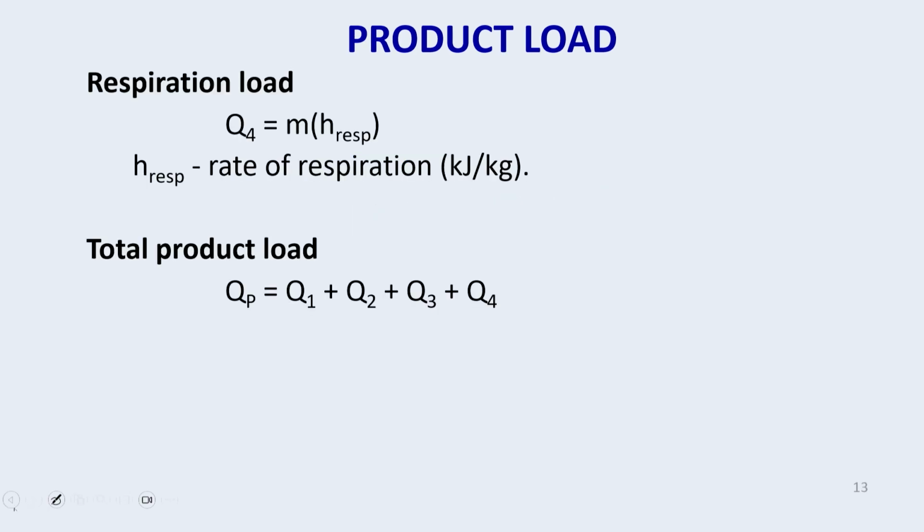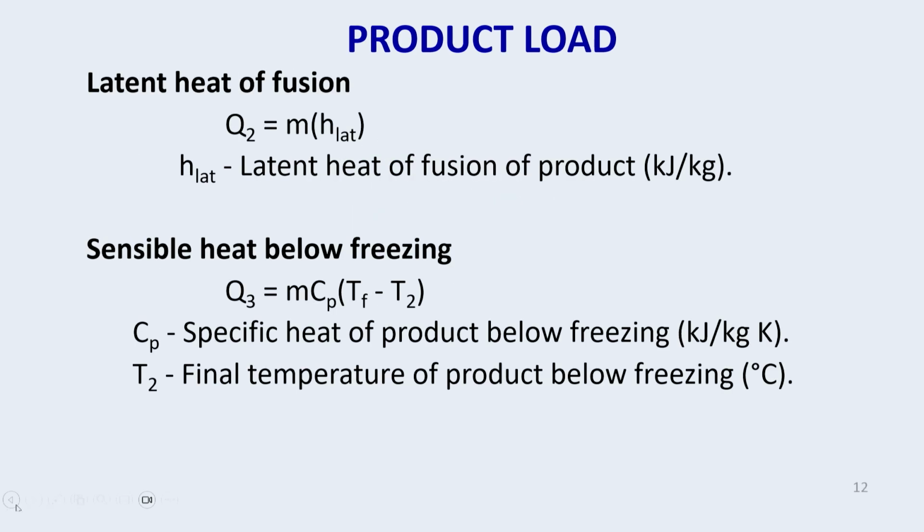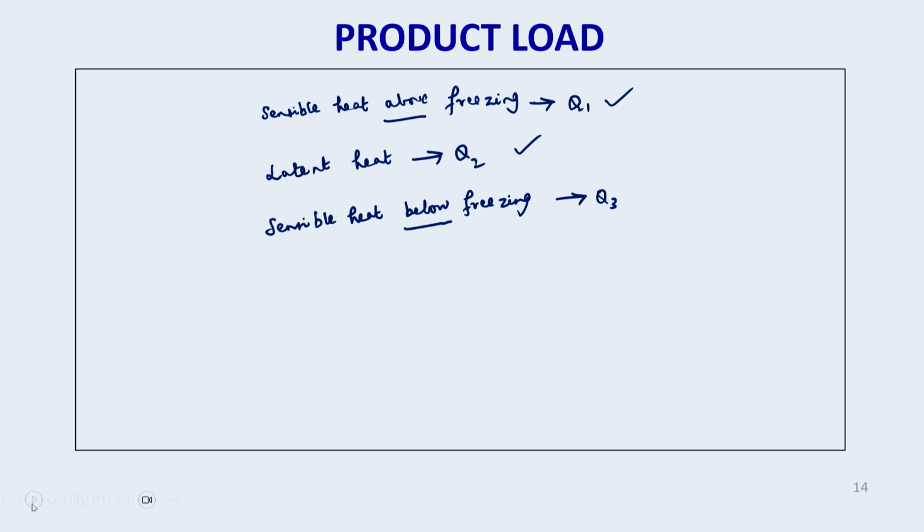Then the sensible heat below freezing: M Cp, from the freezing point till the final temperature. The freezing temperature is TF, above freezing the initial temperature is T1, and below freezing the final temperature is T2.